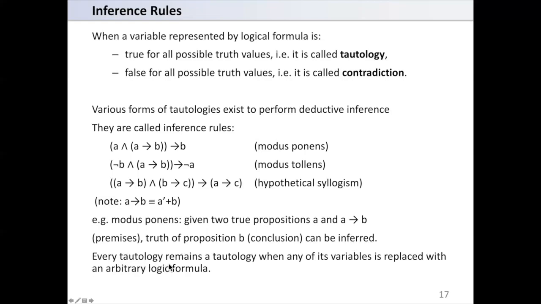Every tautology remains a tautology when any of its variables is replaced with an arbitrary logic formula. For example, consider this one. Instead of A, any logic formula can be inserted. Or instead of B, any logic formula can be inserted and it will remain a tautology.